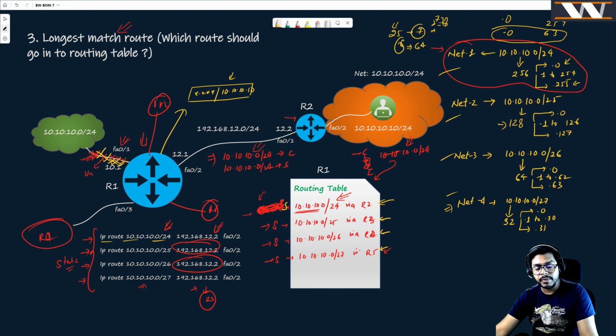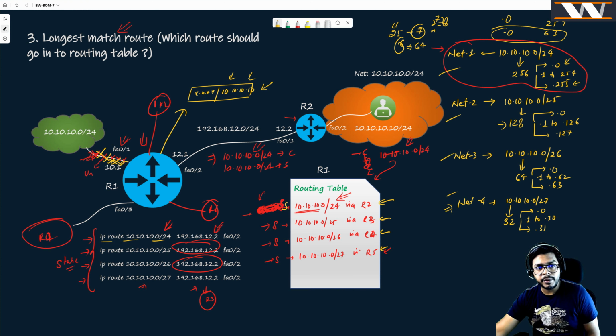If route number 1 is selected, because this host is the part of route number 1, right? Because route number 1 contains the hosts from 10.10.10.0 to 10.10.10.255, and this is the 10th host, right?